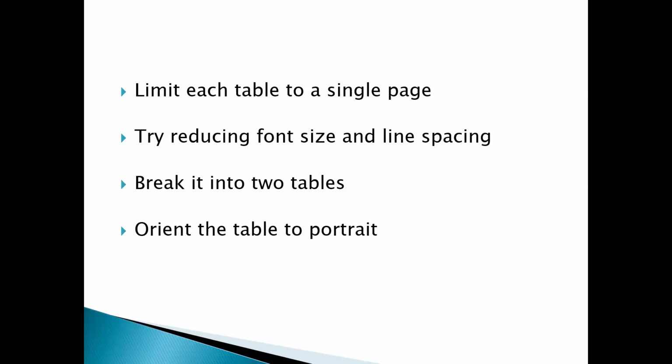But in a soft copy, when you're reading in portrait, if suddenly it comes in landscape, people tend to rotate, the whole text gets rotated, and they get confused, which makes it irritating for the readers. So it is always better to orient the table to portrait, but if it is unavoidable, yes, you can put it in landscape.